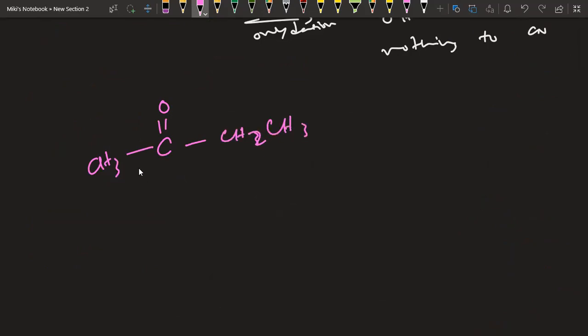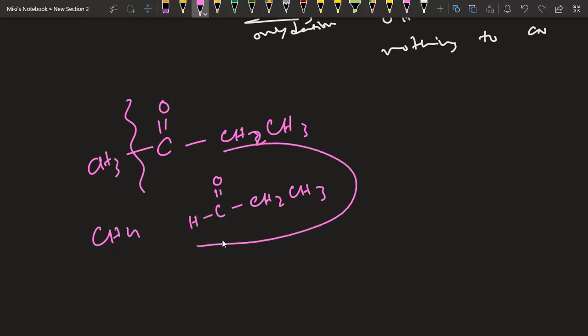Then when the iodoform reaction happens, this portion breaks up, CH4 is formed, and we have CO, CH2, CH3, and here this molecule actually forms, let's say, this aldehyde, and further it undergoes an oxidation reaction.